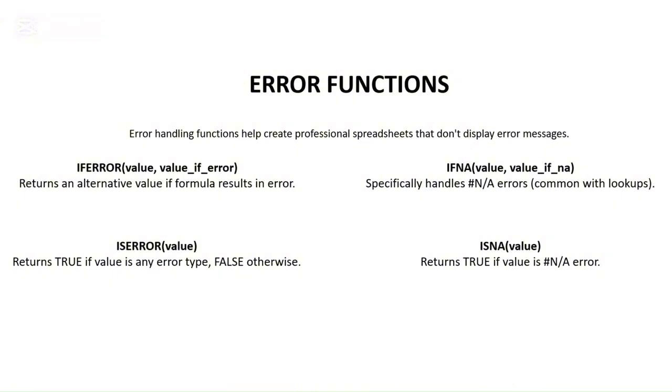We have the ISERROR, which returns true if a value is any error type, false otherwise. We have the ISNA, which returns true if the value is an NA error. So let's take a look at how we can use all these error functions in our Excel spreadsheet.